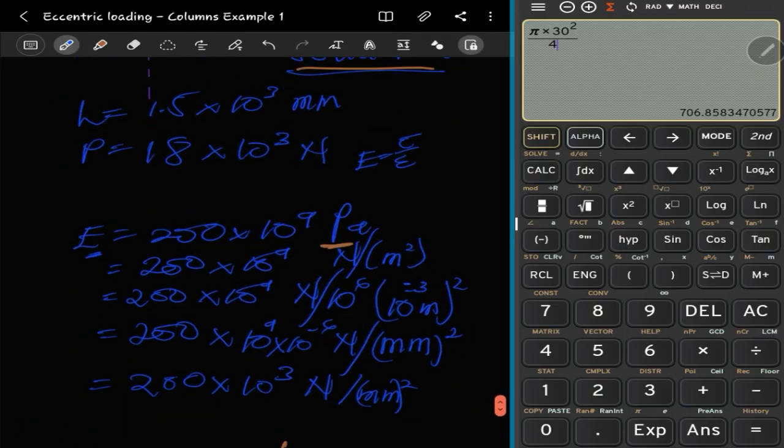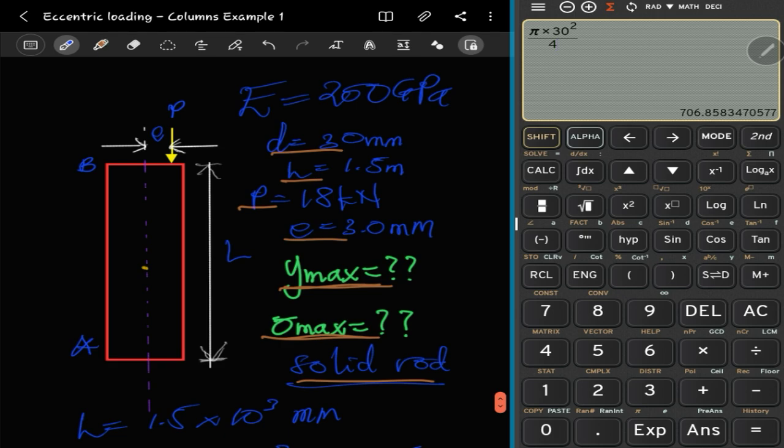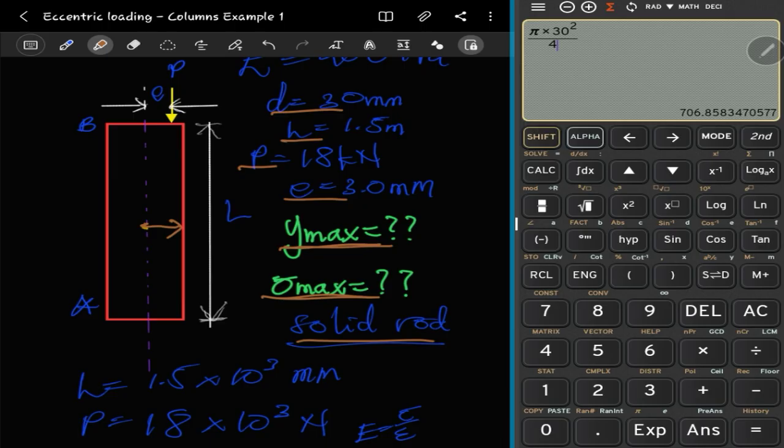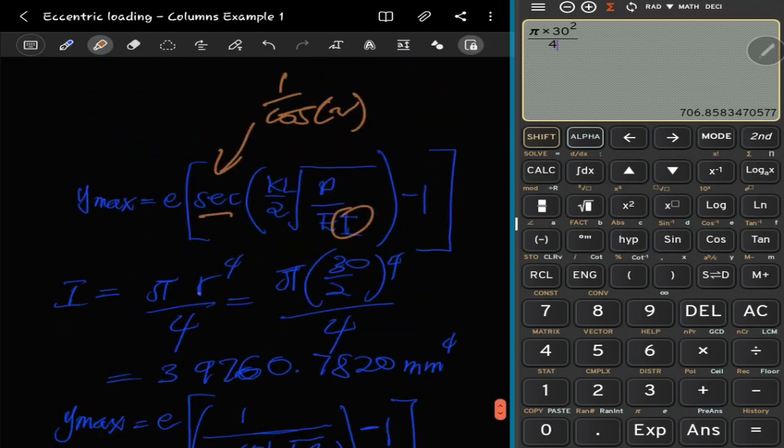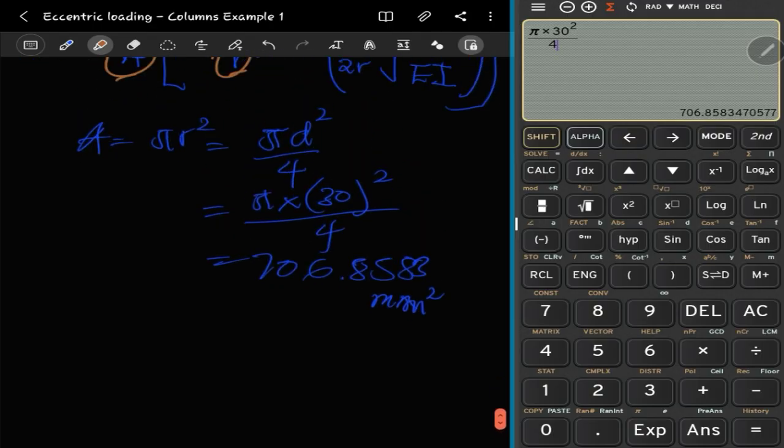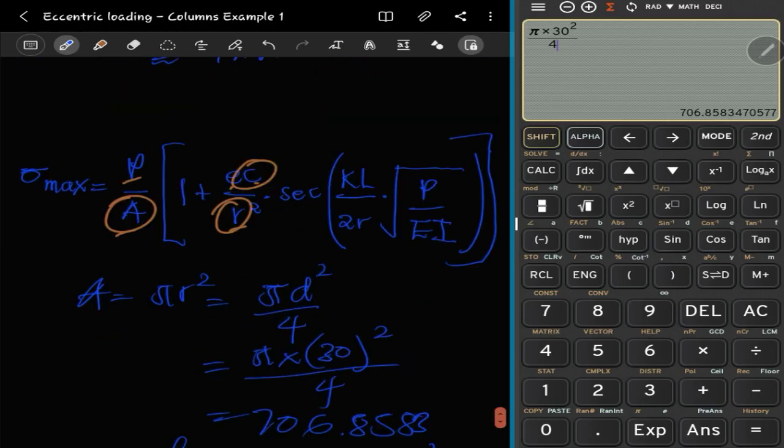When we look at the problem, the diameter was given as 30 mm. So the C will be half of the diameter, which is D on 2, 30 on 2, and that gives us 15 mm. The next thing we need is the R.